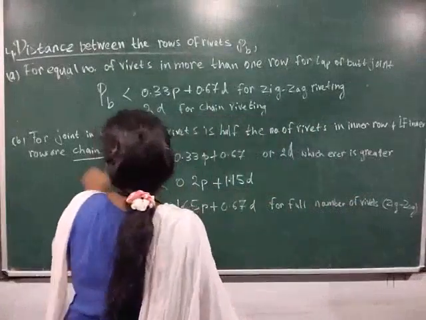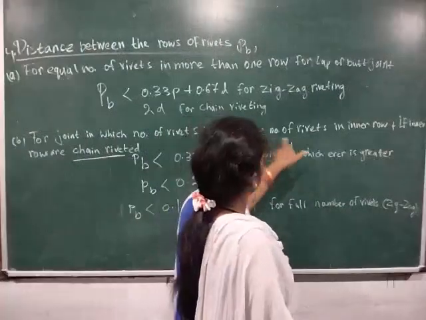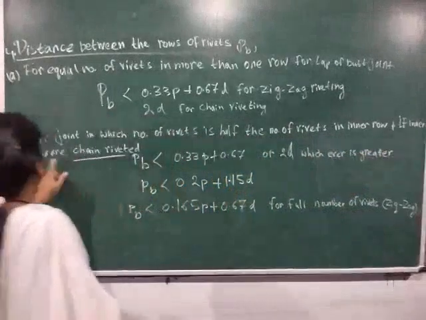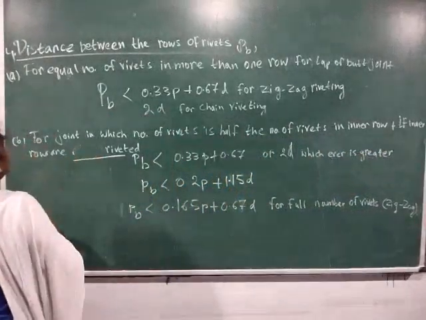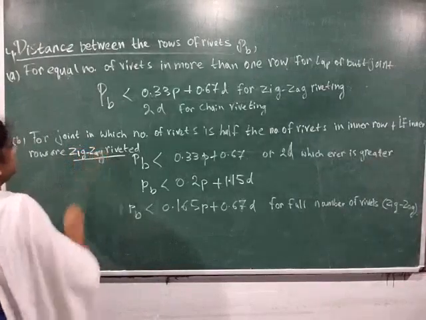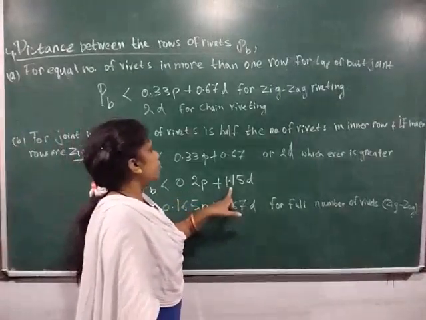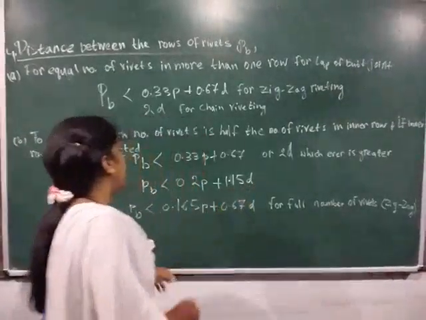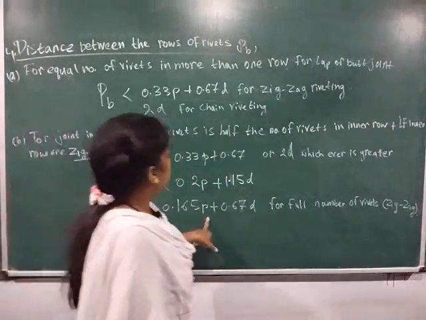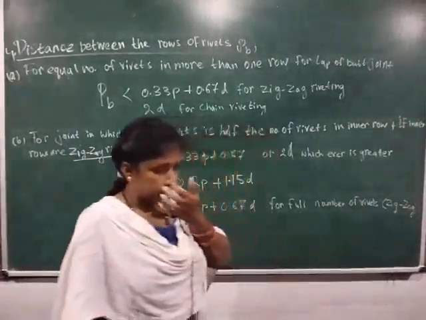And for joints in which the number of rivets is half the number of rivets in the inner row, and if the inner row is zigzag riveted, then PB should not be less than 0.2 P plus 1.15 d, and PB should not be less than 0.165 P plus 0.67 d for full number of rivets in zigzag form.